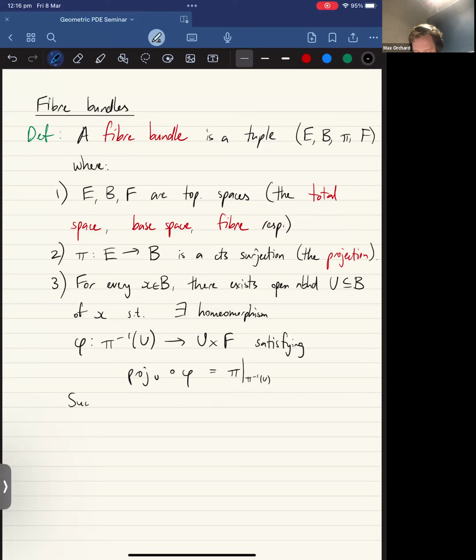Such homeomorphisms, or such pairs of open neighborhood and homeomorphism, are what we call local trivializations.